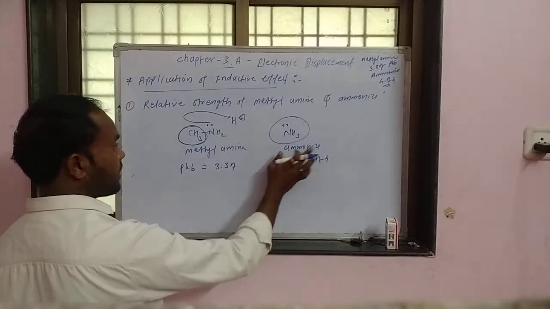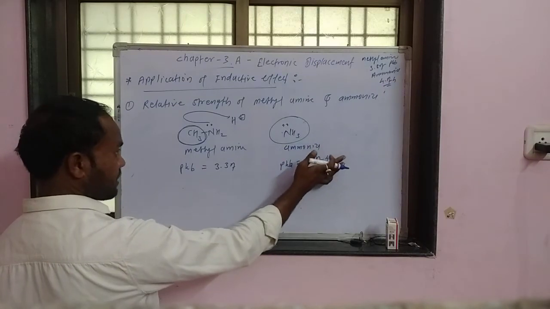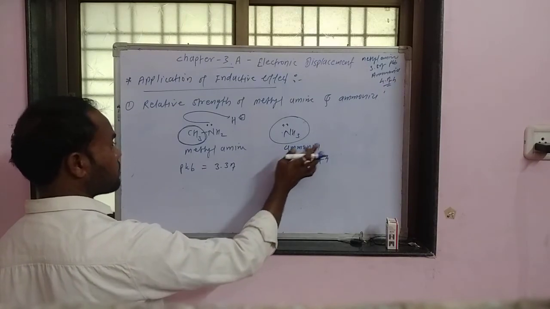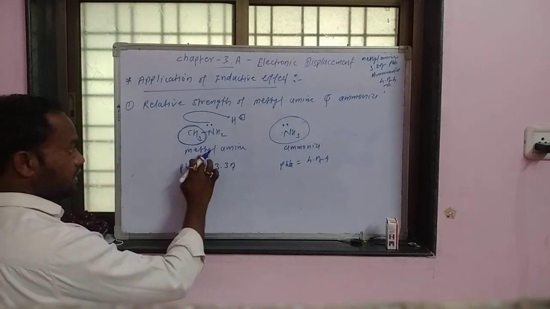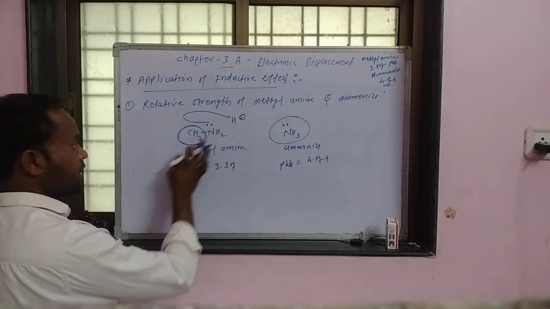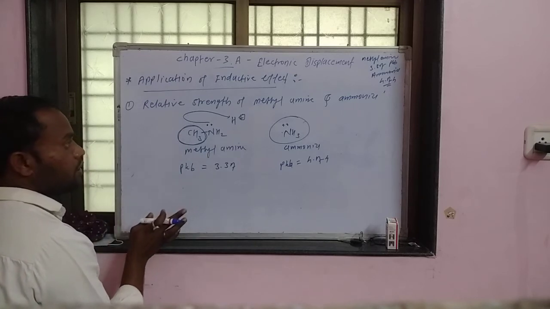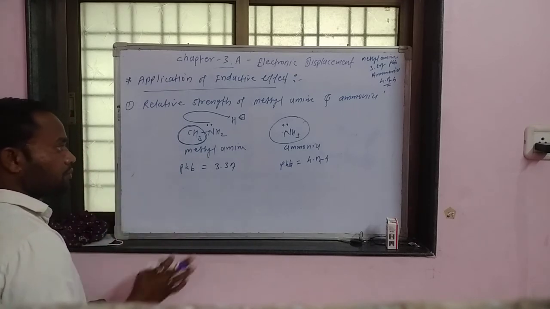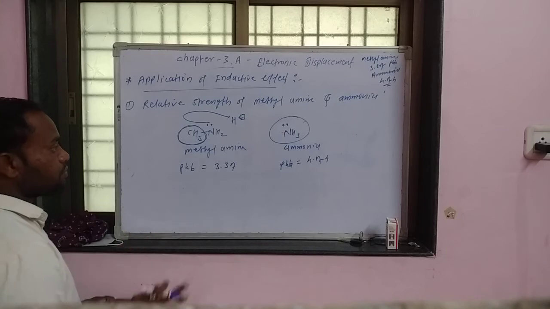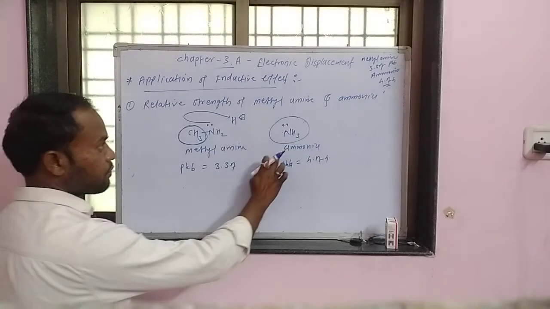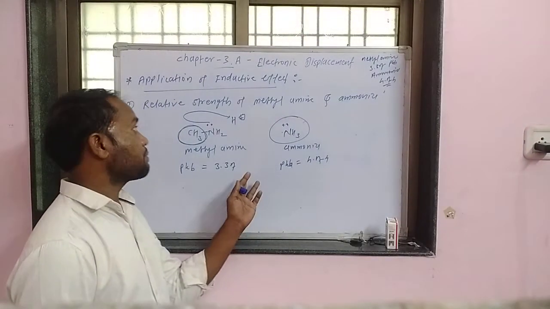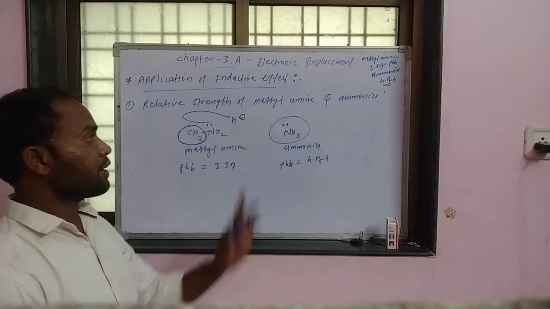Ammonia's pKb value is higher, so its basic strength is lower. In methylamine, the methyl group increases the electron density on the nitrogen atom, increasing the availability of the nitrogen lone pair for protonation. Hence, methylamine is a stronger base than ammonia. This is the explanation of the relative strength of methylamine and ammonia.